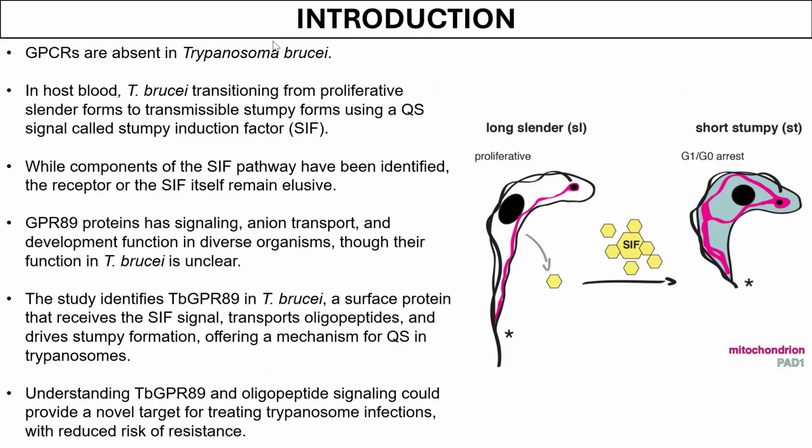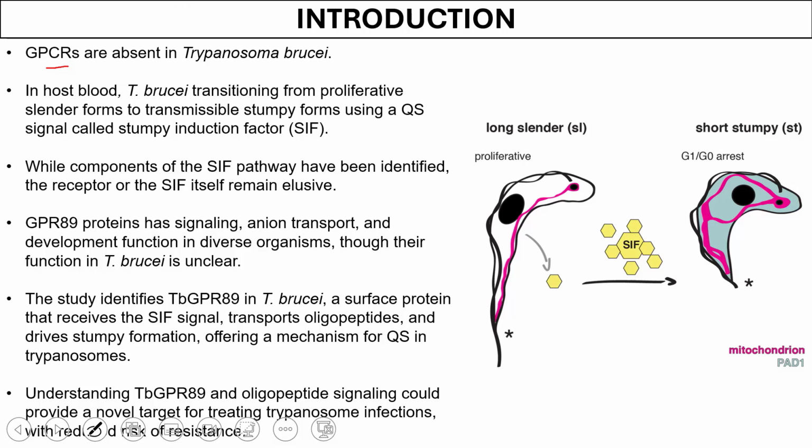The introduction starts with talking about GPCRs. GPCRs are G protein coupled receptors which are present on the cell membrane. These receptors help in sensing the external stimulus or the chemical changes in the environment of a cell. Scientists had found that GPCRs are absent in Trypanosoma brucei.